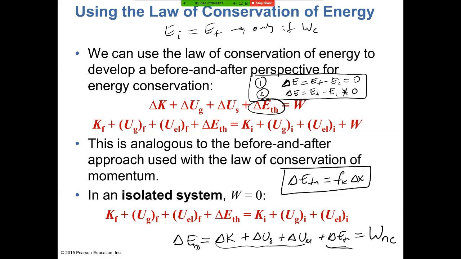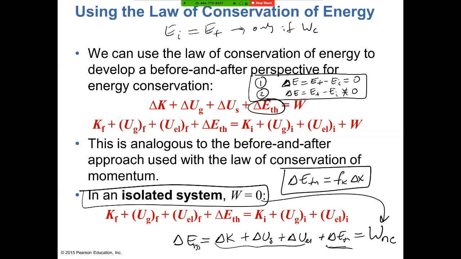That's what you can see, right? Then technically what I can see here is this. I can isolate my system such that the work done by non-conservative forces is 0. That means I'm only including things like gravitational force or spring force. And then I can also include the thermal energy, okay? So if there's a friction, I can also include that as part of my isolated system, okay?